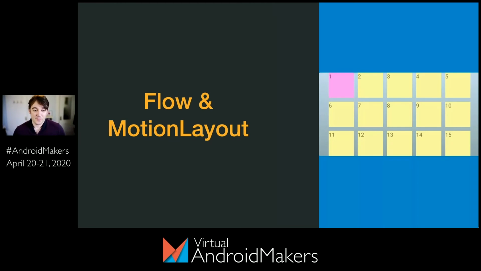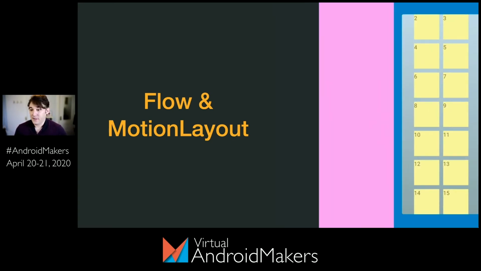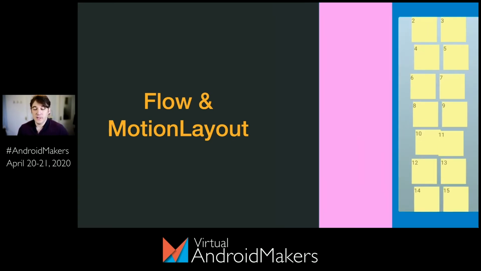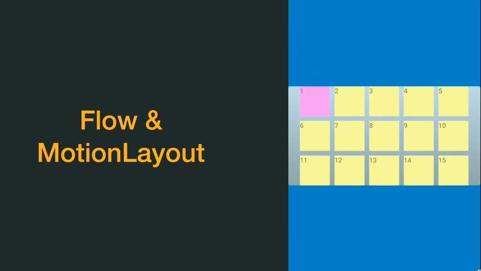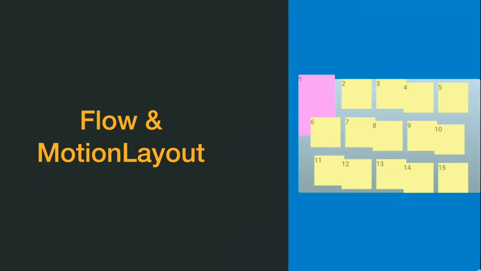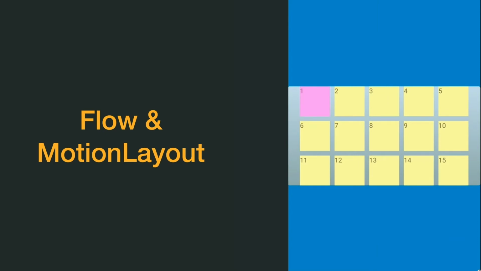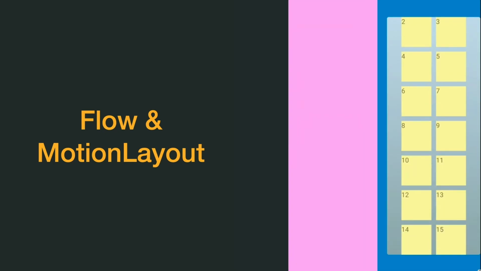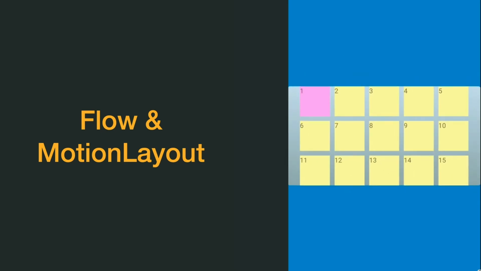The other advantage is that because it's understood by constraint layout, it's understood by motion layout. And so you can do things like that in motion layout, where you see that first element, the pink one, gets in the second state of motion layout, gets moved out of the flow, and its constraints are defined somewhere else. So here we just make it like, on the left side of the screen.